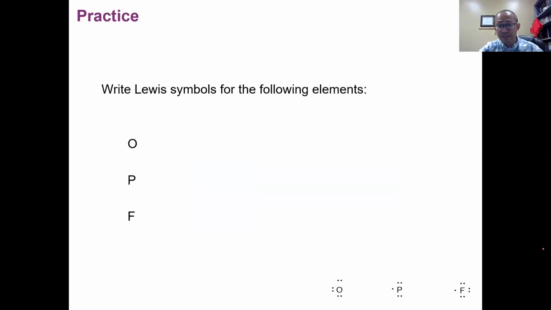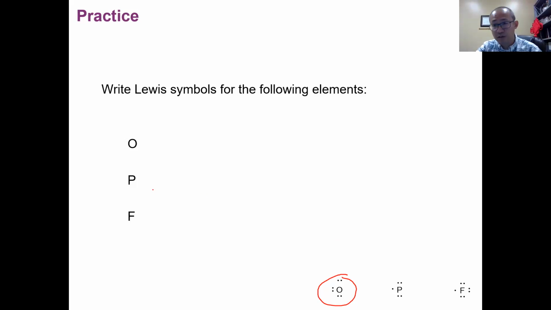And this is a quick practice, asking you to draw the Lewis symbol for these elements. Even though I give you the key here, I hope you will cover the key and draw the structures. Oxygen, for example, has 6 valence electrons because oxygen is a group 6 element. So there are 6 dots around the oxygen, in pairs. Normally we draw the electrons in pairs unless there's an odd number.